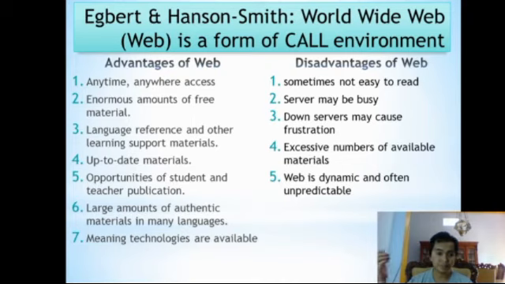At least many people, and most people, can access the internet. I'm pretty sure that many of us can access the internet, although the speed might differ one by one. And there is an enormous amount of free materials. Although there are excessive numbers of materials, many of them are free, not all are paid.